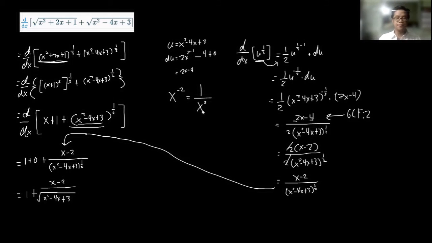So, that's it. Before I end this video session, let me try this one. We have the square root of x squared minus 4x plus 3.